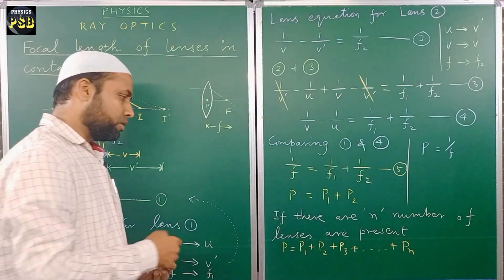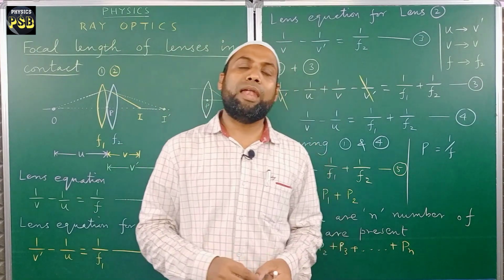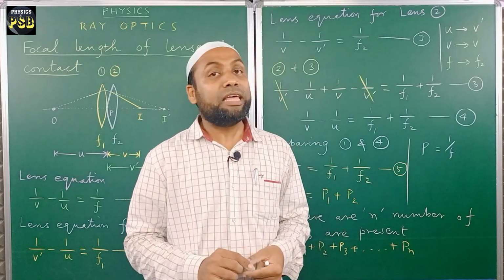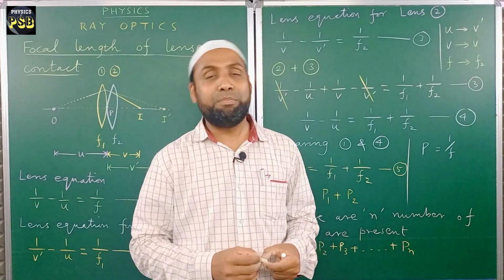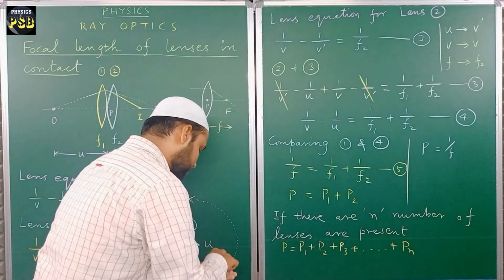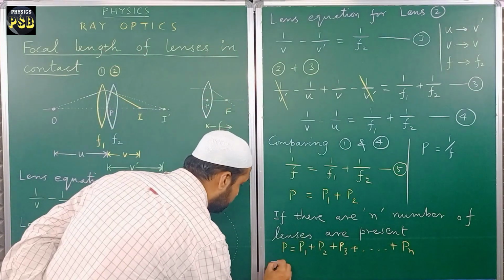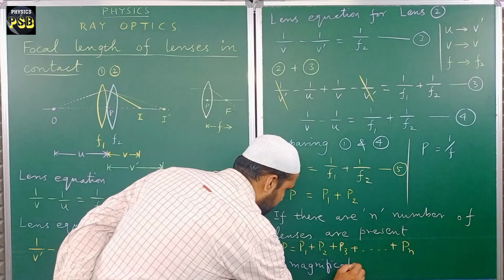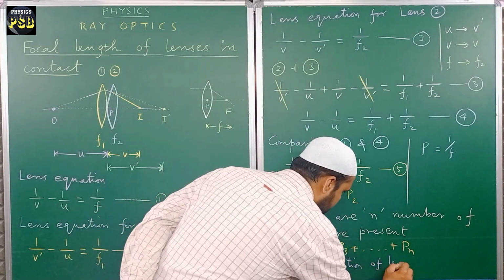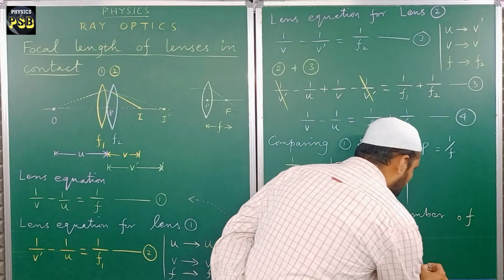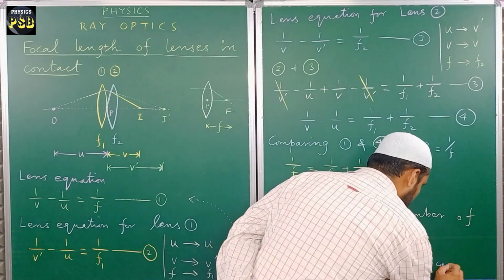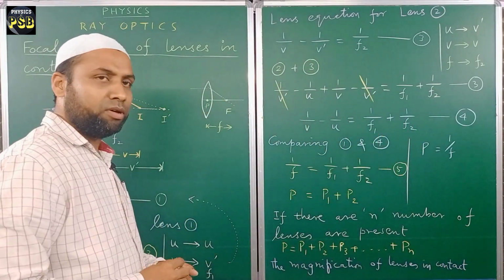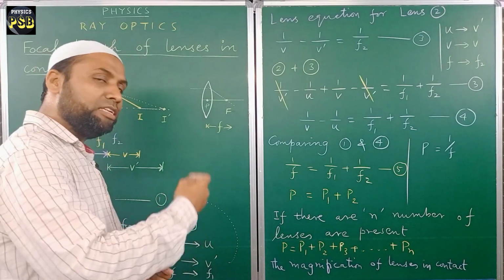And a second thing, if you take a large number of lenses and place them in contact with each other, then their magnification will get multiplied. The magnification of lenses in contact will be given as the product of the lateral magnification of each lens.